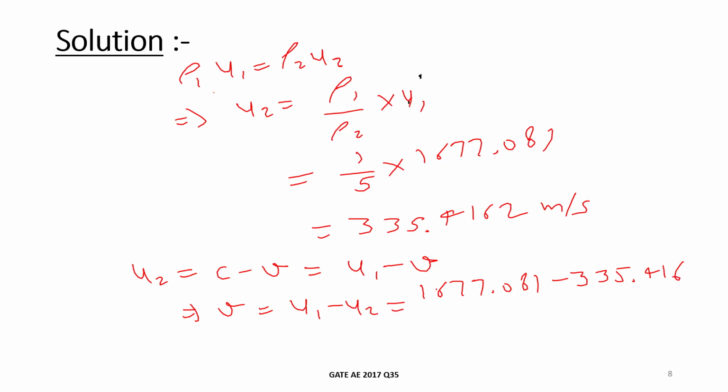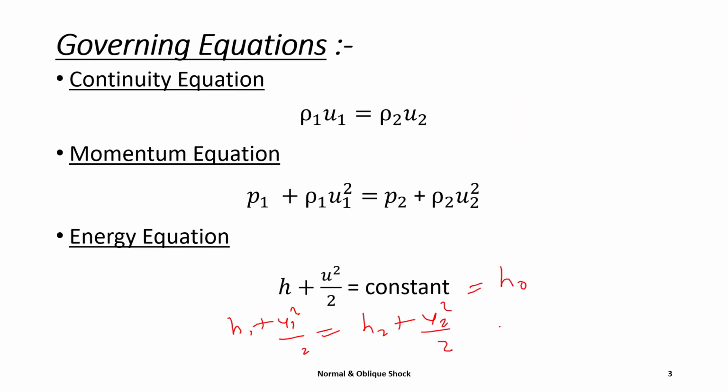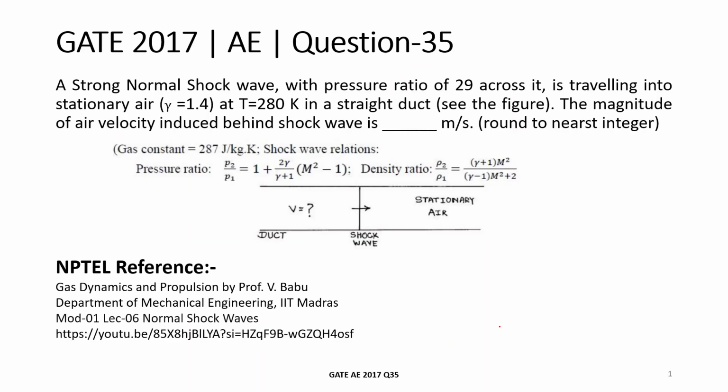So we will get b equal to 1341.664665. We have to round it to nearest integer, so it will be 1342 meter per second. Perfect. This is the answer.